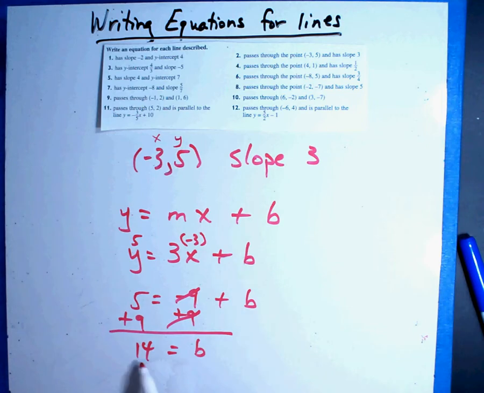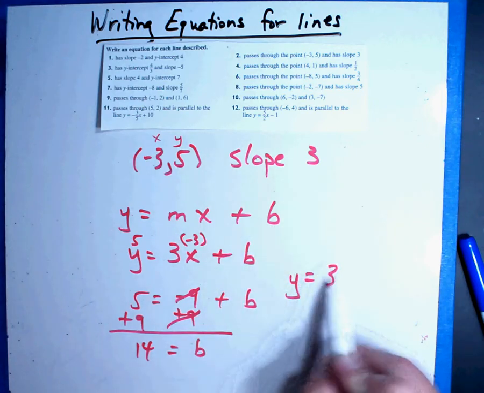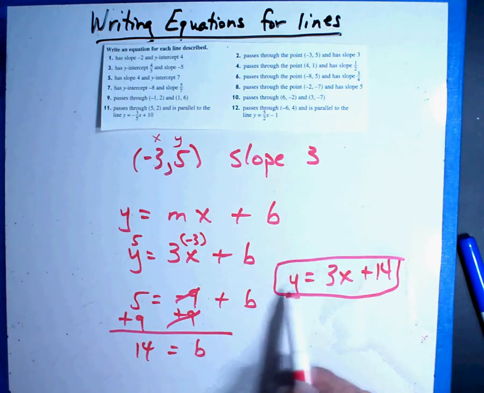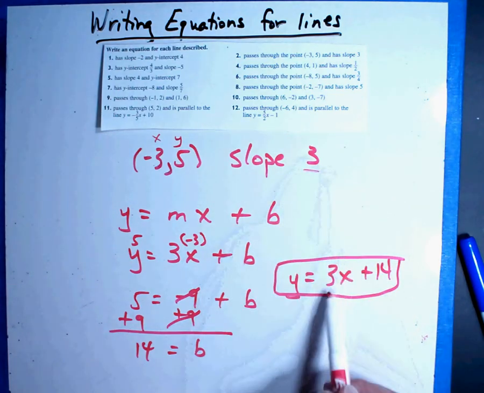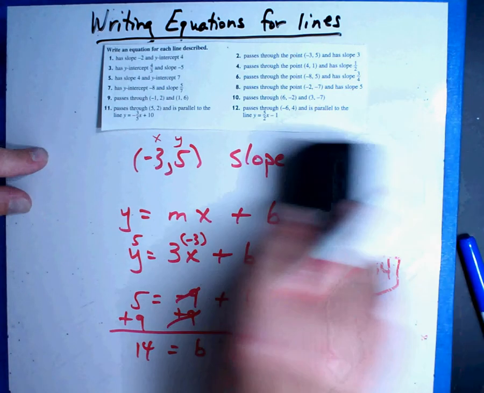So if b is 14, that goes there. So my formula is y equals 3x plus 14. How did I get that? Well, there's my slope, x plus 14, I just figured it out. There's my equation. It looks different than the last one, but I just used the information they gave me to get what I need. Let's try one more.